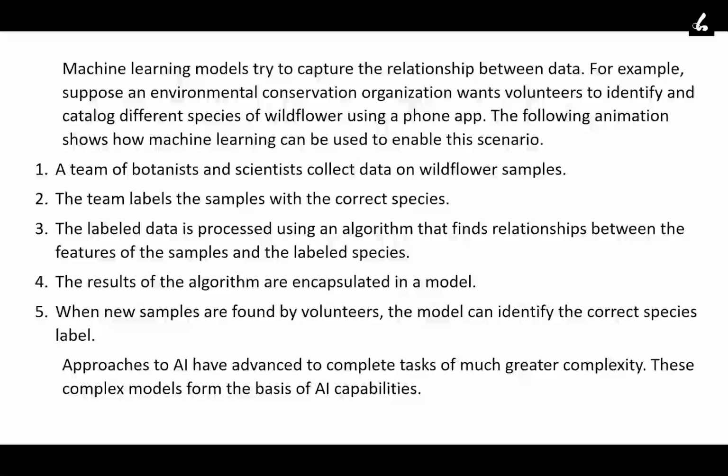So likewise, this is a practical scenario with the help of an environment, showing how machine learning is helping in the real world. Now, approaches to AI have advanced to complete tasks of much greater complexity. These complex models form the basis of AI capabilities.